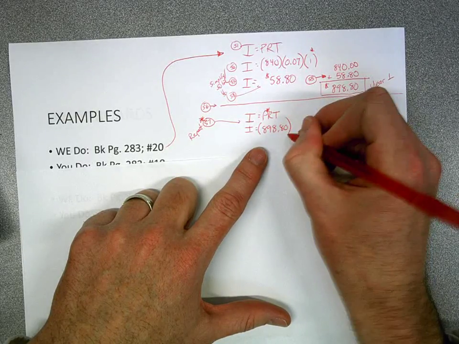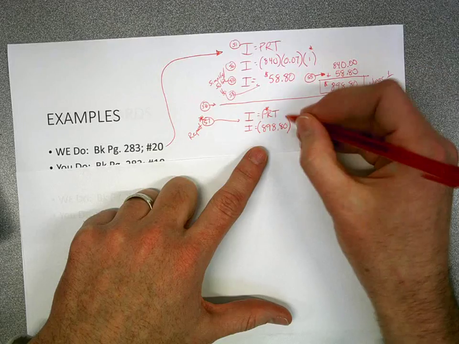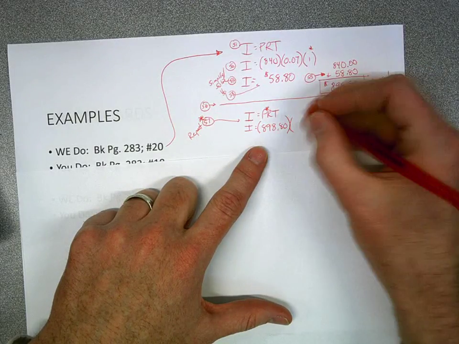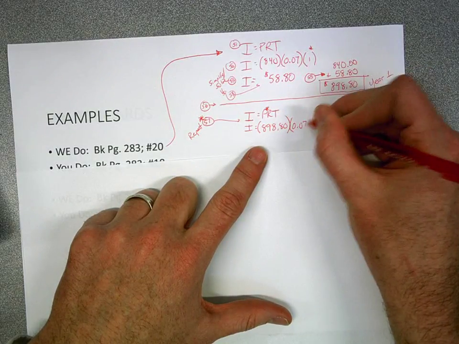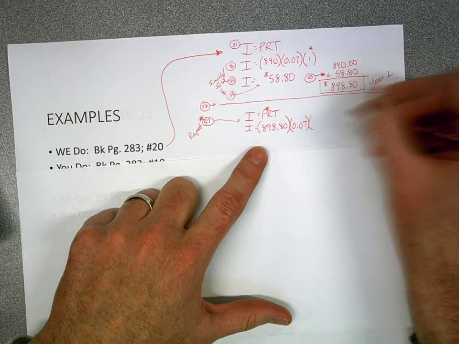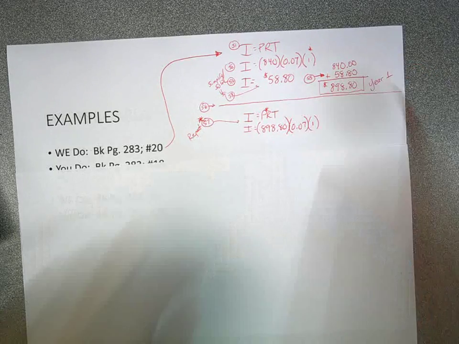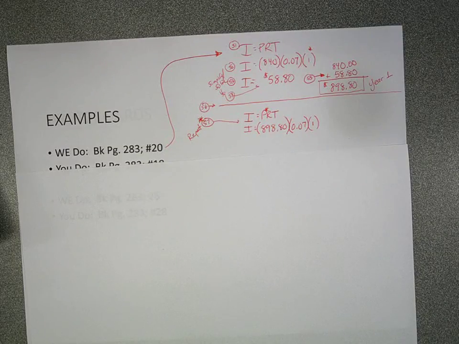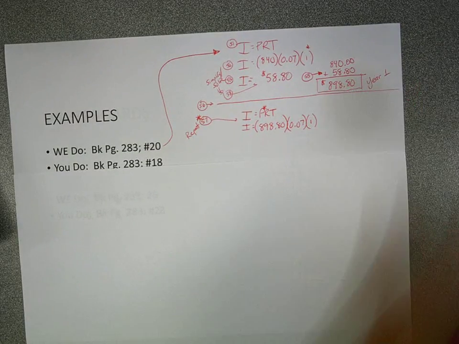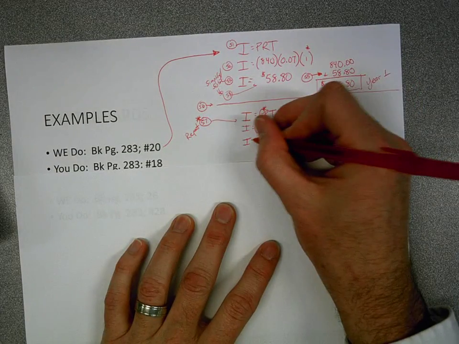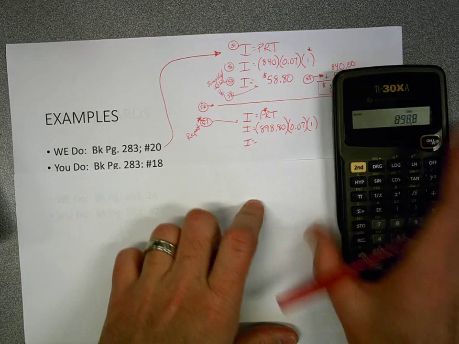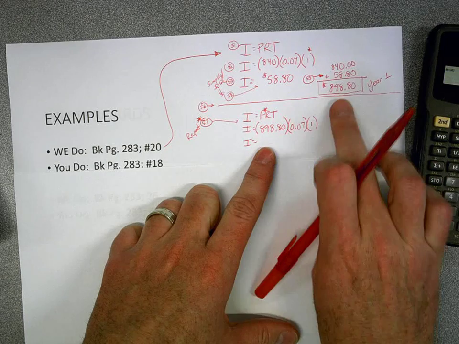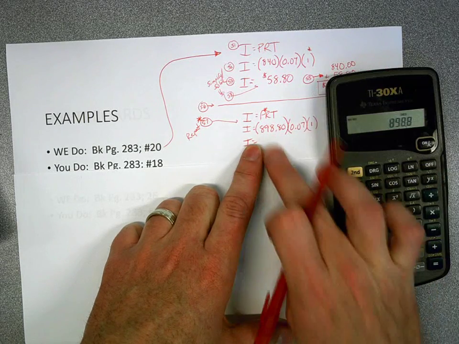$898.80 is our principal. The interest never changes. It's the same loan. It's still 7%. And even though this is year 2, it's just 1 year in length, so it's still just 1. So 898.80, and if you're using a calculator, when you solve this, don't hit clear because it saves you a little bit of time.